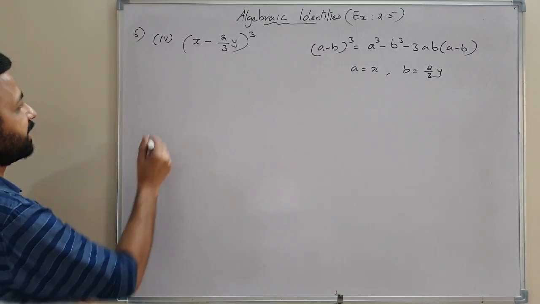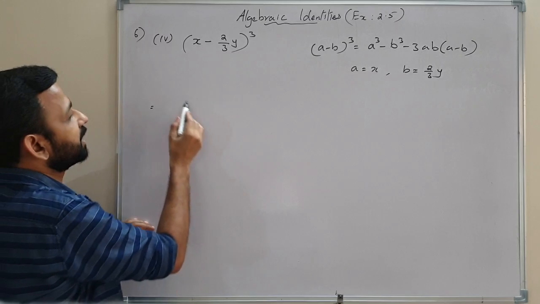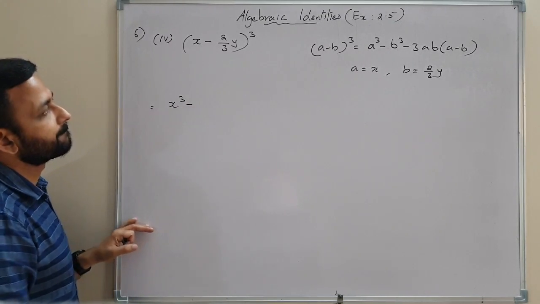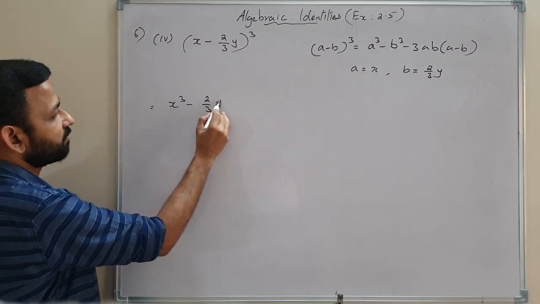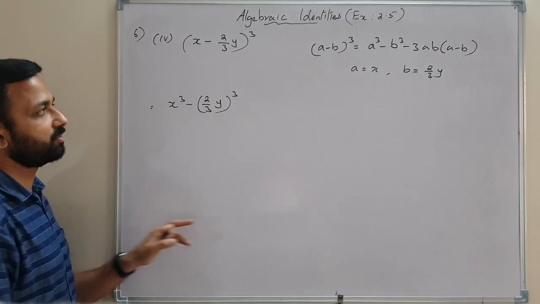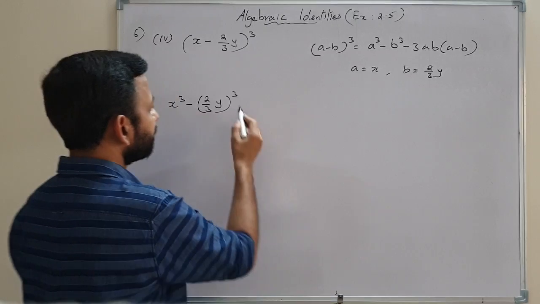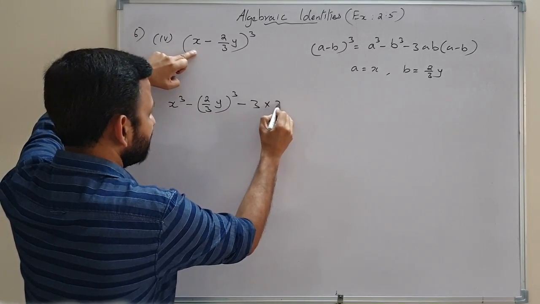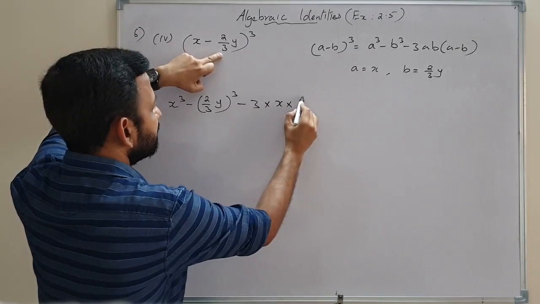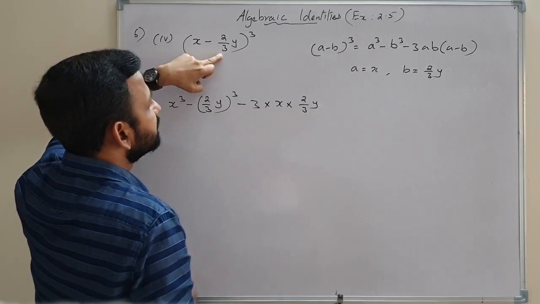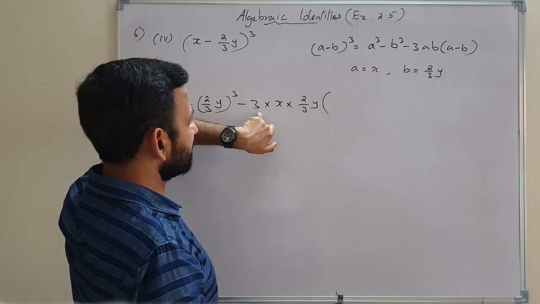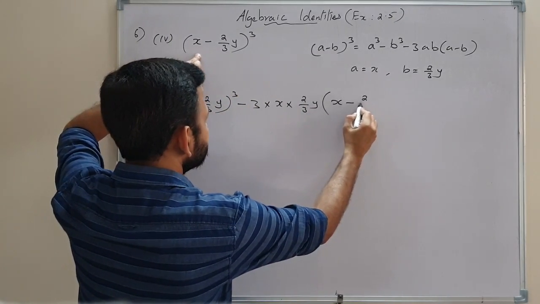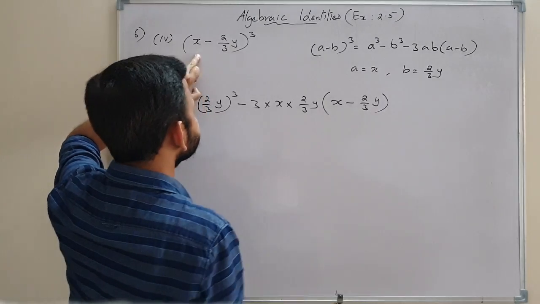So when we use that identity here, a cube is x cube, minus b cube is 2 by 3y raised to the power 3, minus 3ab, so here 3 into x into b, 2 by 3y, in bracket a minus b, that is x minus 2 by 3y.